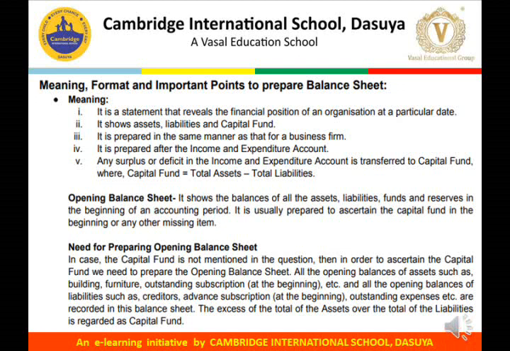Now we will discuss the balance sheet. First, we will discuss the meaning of the balance sheet. Balance sheet is a statement that reveals the financial position of an organization at a particular date. It shows assets, liabilities, and capital fund.